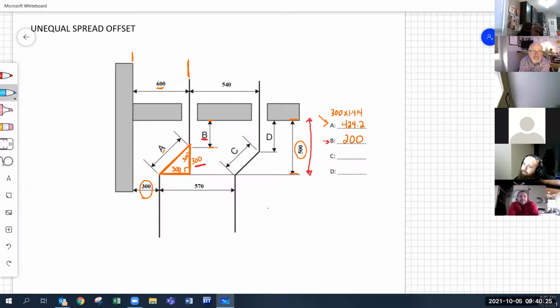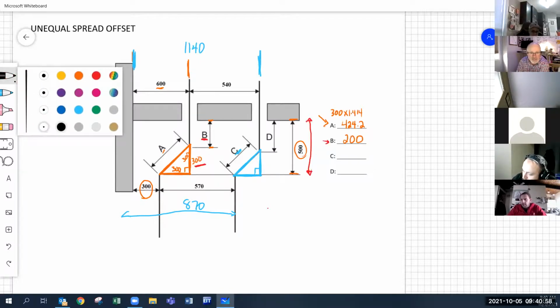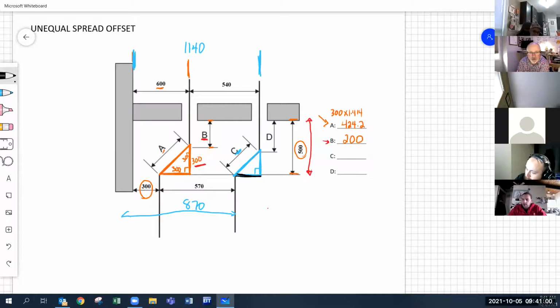So my next one to solve for is C. And so I'm going to draw a right angle triangle right in here. There's my right angle triangle for C. Now I have a measurement from this location all the way to the wall at 1140. I have a measurement down here to this location of 870. And if I minus those two off, I will get this measurement right here, my run and rise.